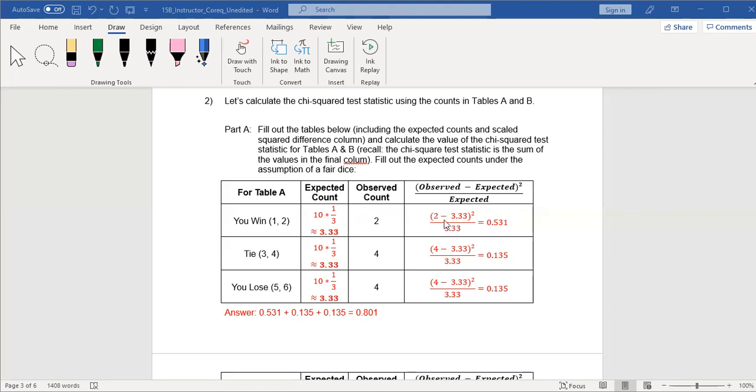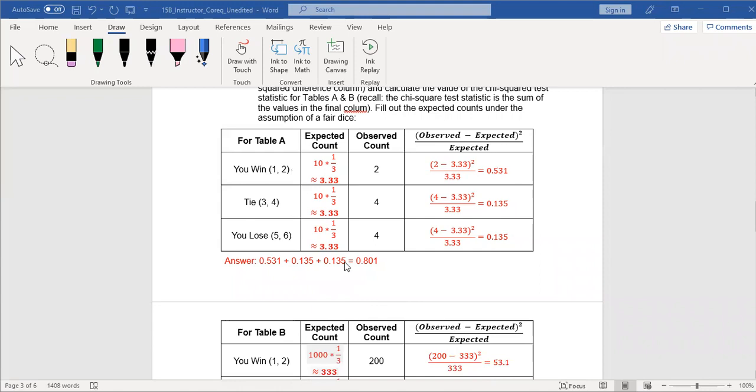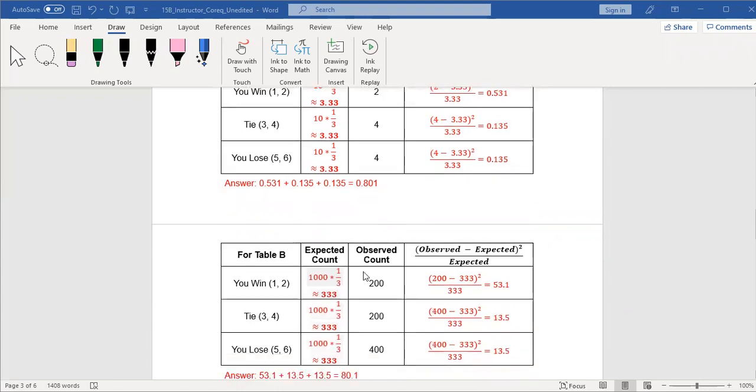So when you do a chi-square test, you calculate observed minus expected, squared, and then divide by expected. You get that number, and you do the same for the rest. Then you add these numbers, and that's what we call chi-square for that table. It's going to be 0.801.